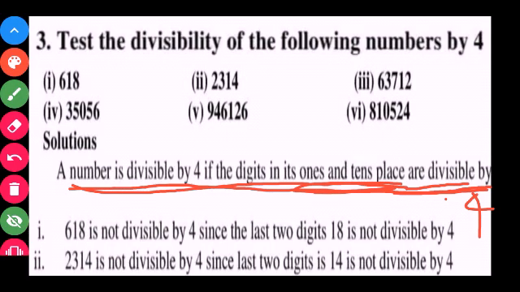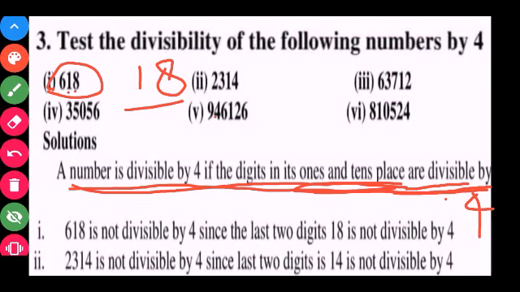For example, here 618: the unit place is 8 and the tens place is 1, so 18. If 18 is divisible by 4, then this number is divisible by 4. But 18 is not divisible by 4, that's why this is not divisible by 4.